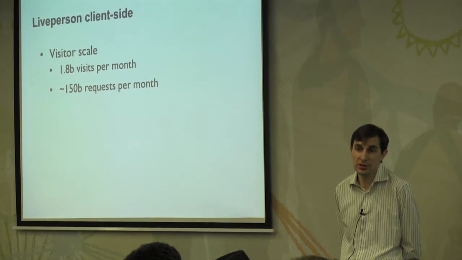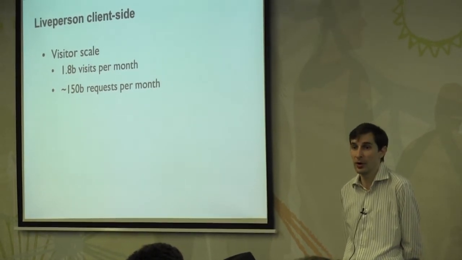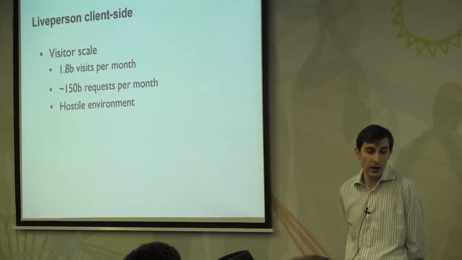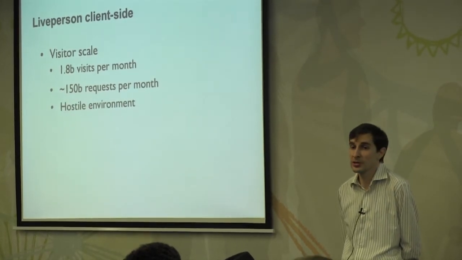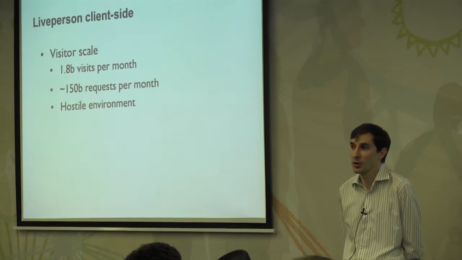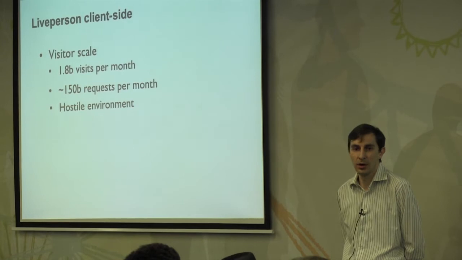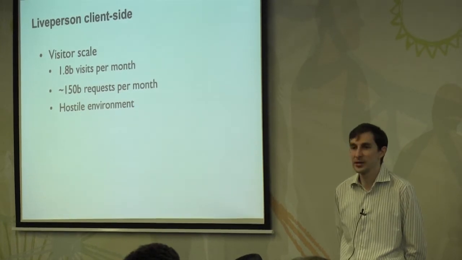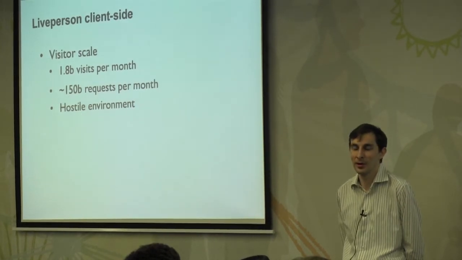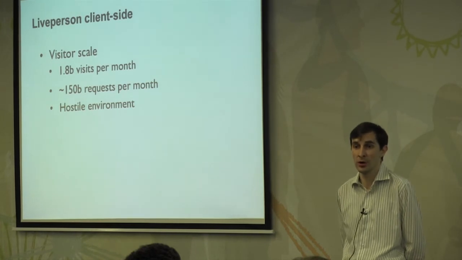And they're not big machines, they're actually relatively regular machines or virtual machines. And that code runs in a hostile environment. Your customer's website, that's where our code runs. Go to, I don't know, customer.com, and our code has to run there and show.